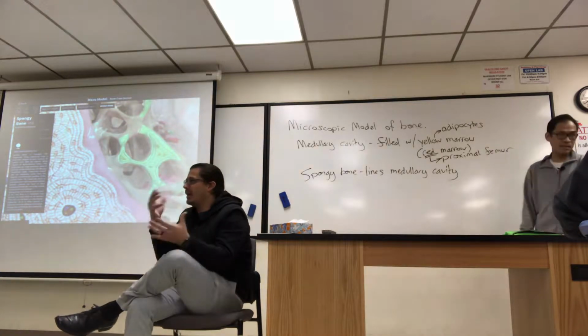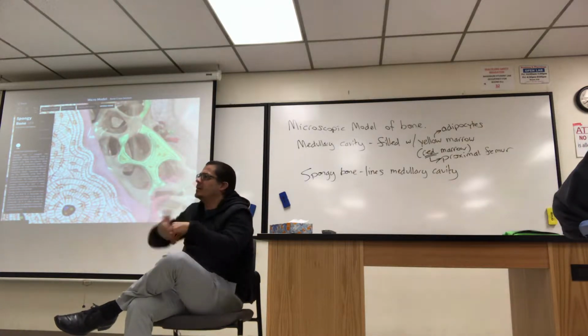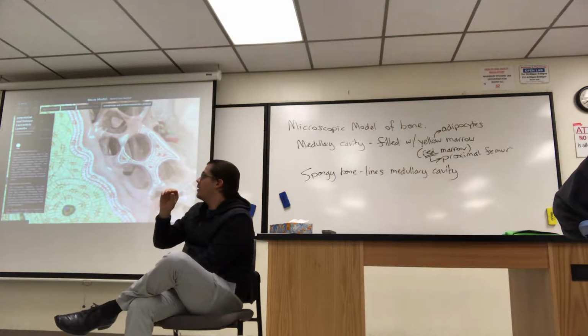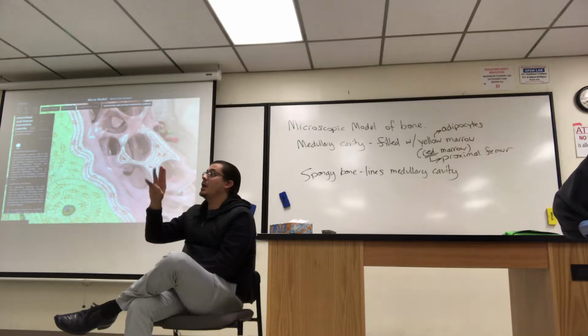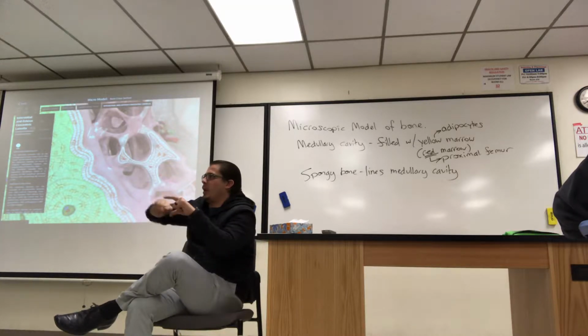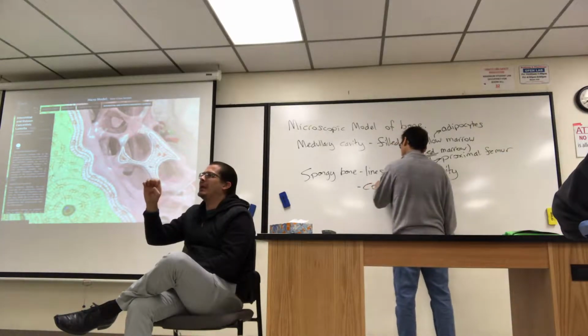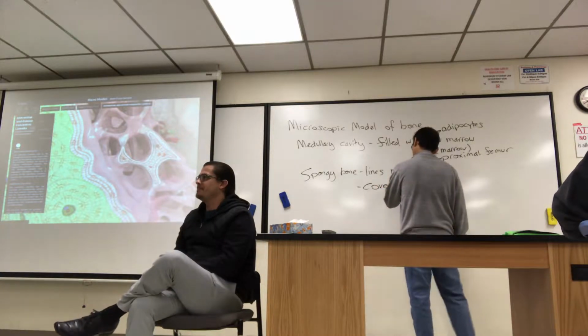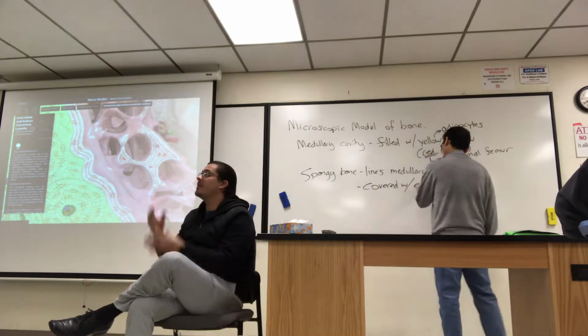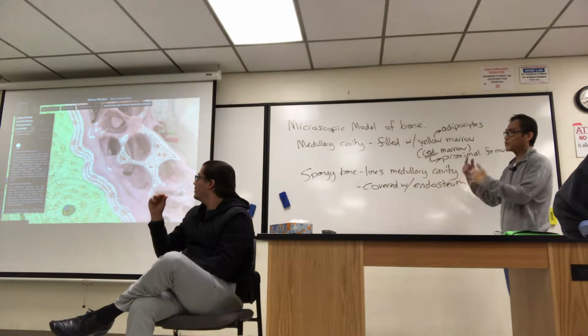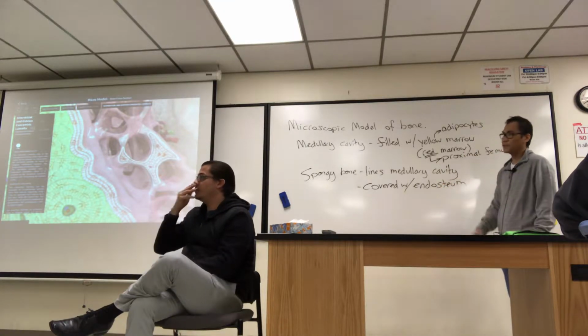What you can see is it's covered with a membrane called the endosteum. Let me just not highlight it. So spongy bone is covered with an endosteum, a membrane that covers spongy bone on the inside, because endo means within.